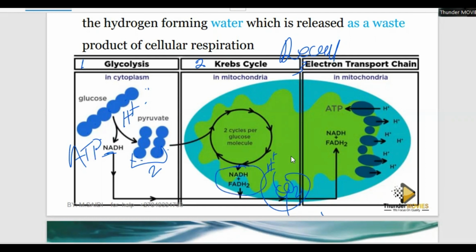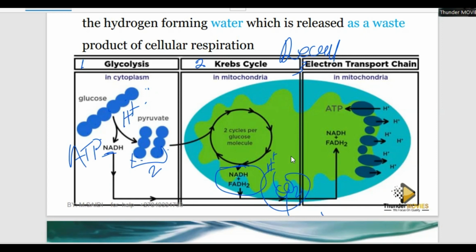These two hydrogen acceptors enter the oxidative phosphorylation, plus the NADH which we obtain from glycolysis. So number 3 is oxidative phosphorylation. Here they undergo a chain of reactions whereby there is accepting and releasing of electrons.